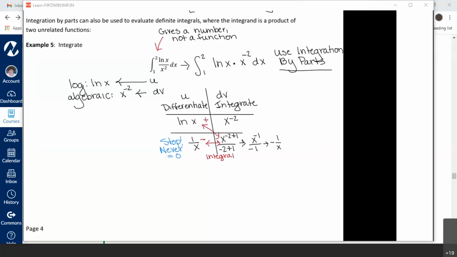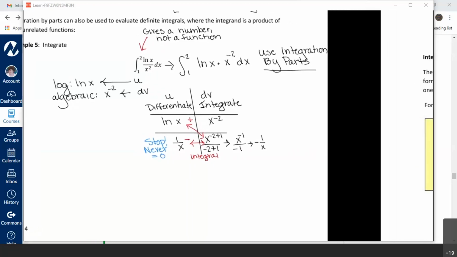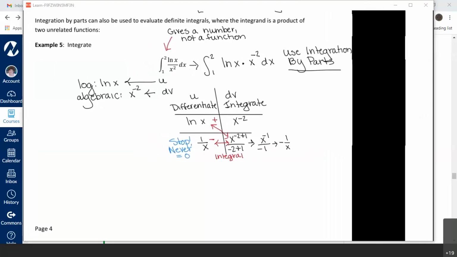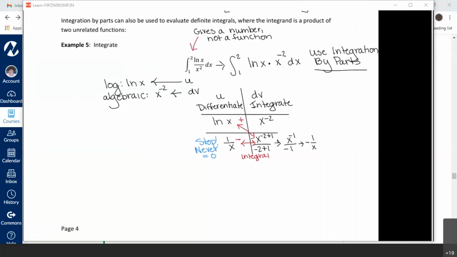You've got to do algebra at the same time you're doing some calculus here. So now let's pull out the products. My first product is going to be ln of x times negative 1 over x.